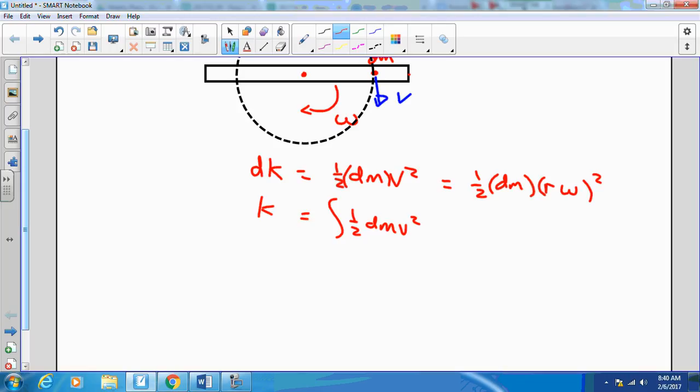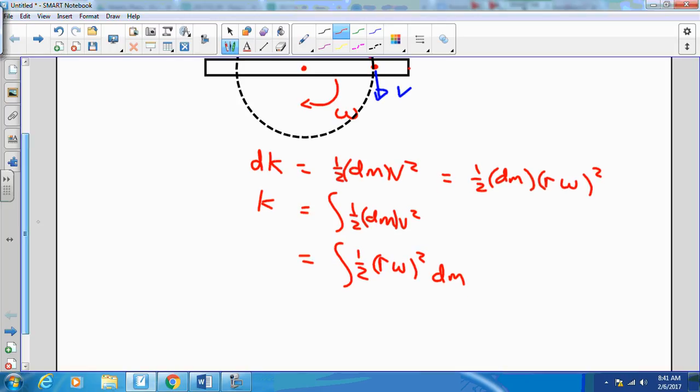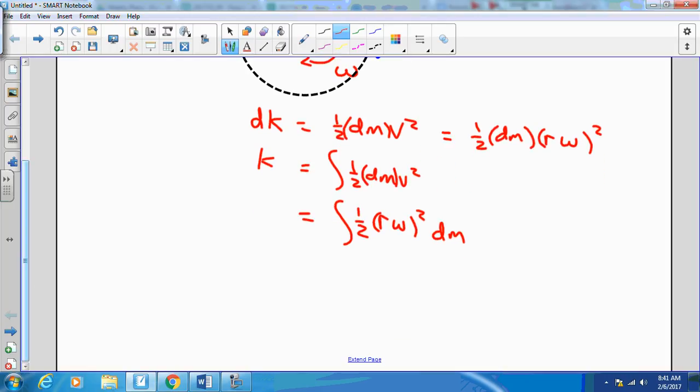Now if I simplify a little bit and also write the dm over here, then I get this expression for the kinetic energy, which is a nice expression, but it doesn't convey a lot of insight.